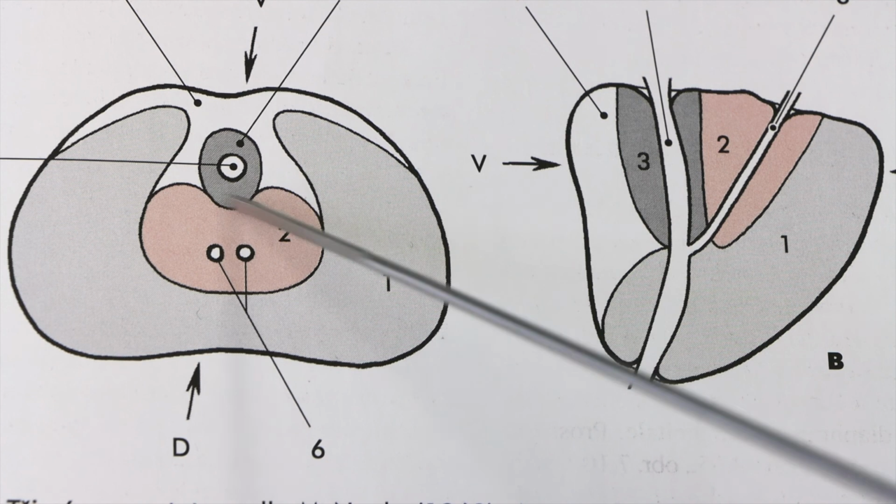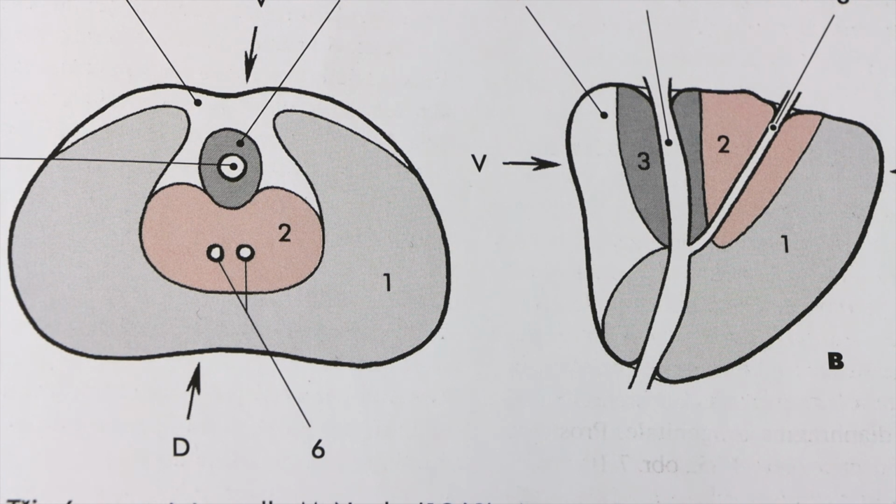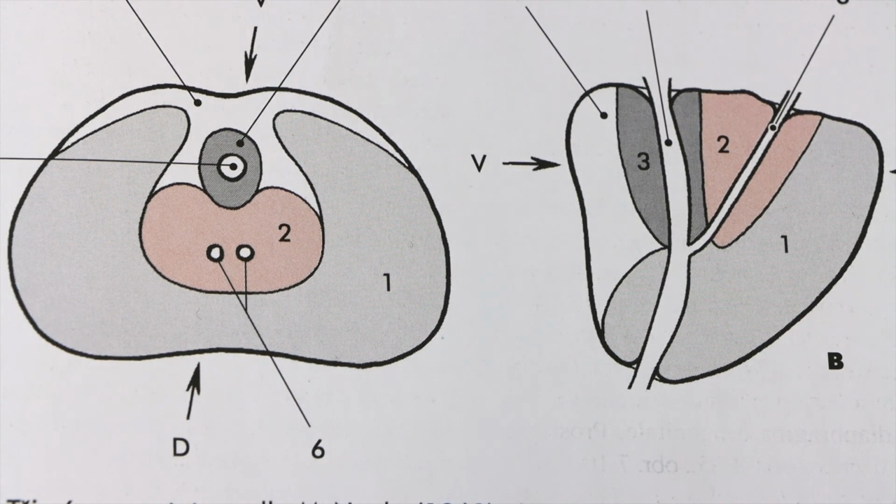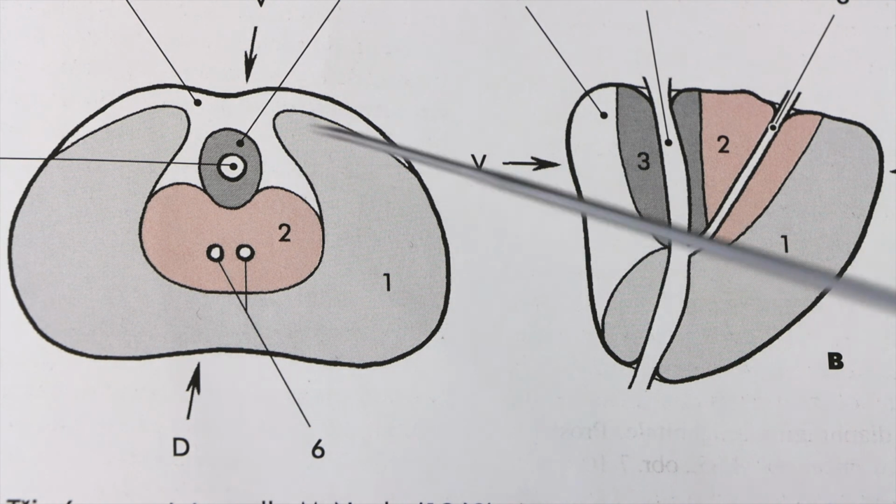This is called the periurethral zone. The periurethral zone contains 5% of the glands of the prostate, which are called the mucous glands.